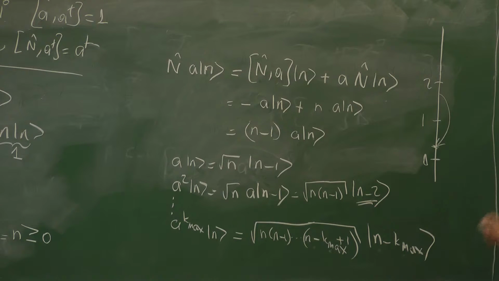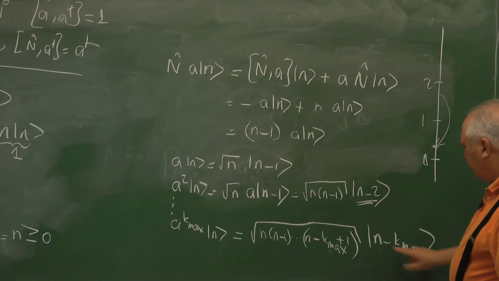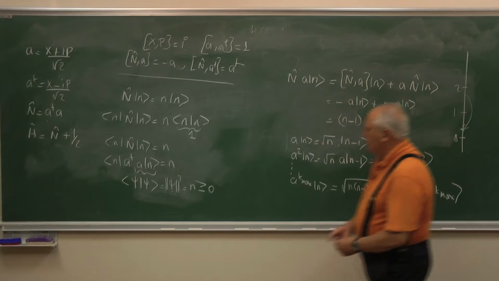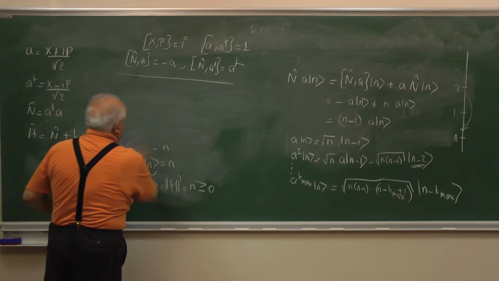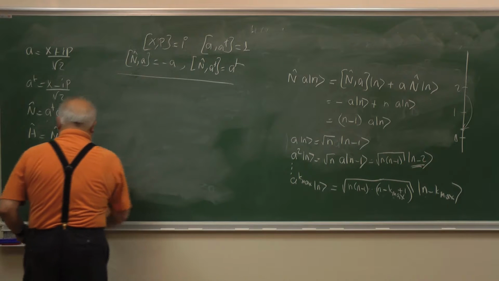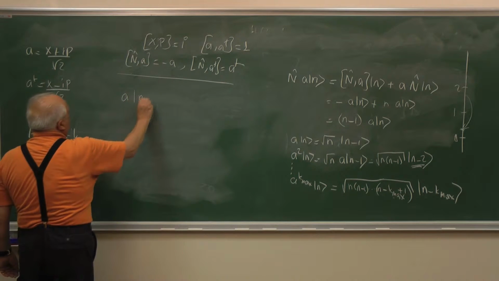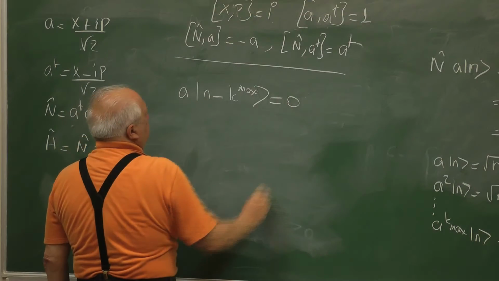Okay. But now, what is the property of this thing? If a acts once more on this state, it will give 0. So I'm erasing this part. a|n minus k max⟩ is equal to 0.